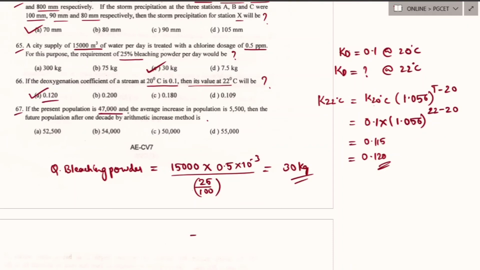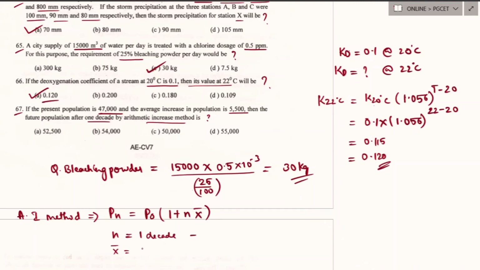Question number 67. If the present population is 47,000 and the average increase in population is 5,500, then the future population after one decade by arithmetic increase method is. According to the arithmetic increase method, the population for the future after one decade is calculated by the formula Pn is equal to P0 into 1 plus n into x bar, where n is the number of decades, that is one decade, x bar is the increase in the population, that is 5,500, and the present population P0 is equal to 47,000.